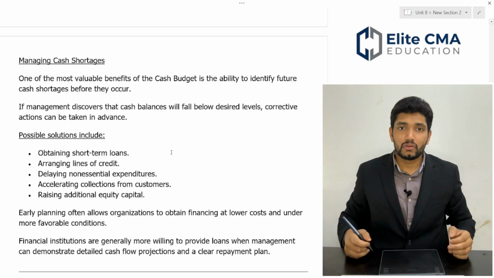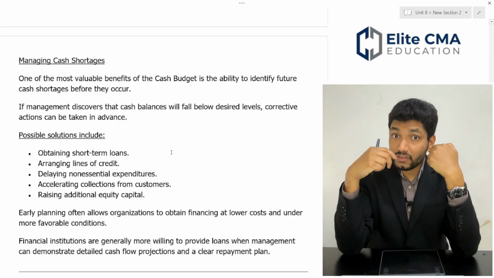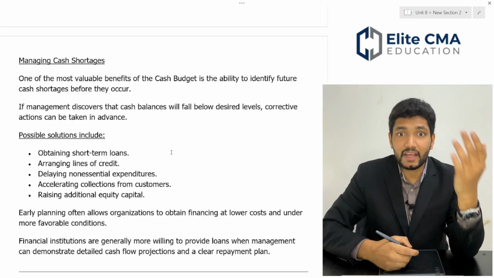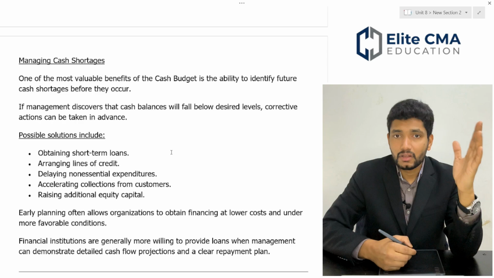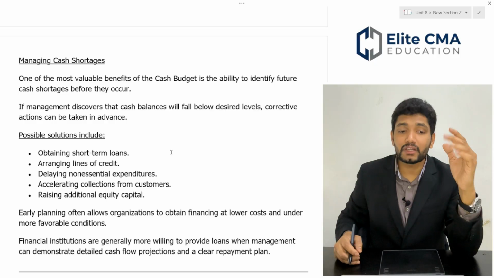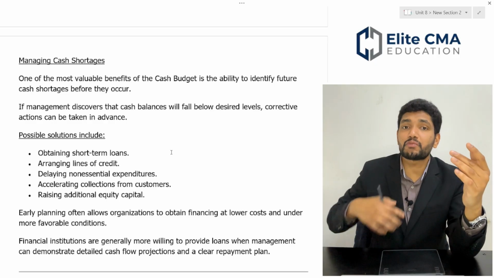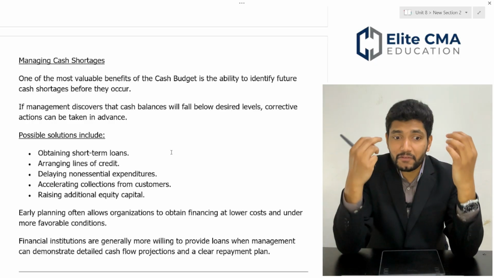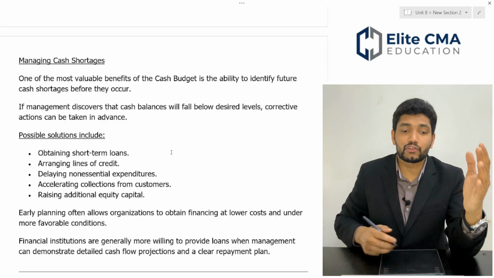Now, if we are expecting some cash shortage in the future, how will we manage that cash shortage? One of the purposes of a cash budget is to identify the expected future shortage before it occurs. Once you identify a shortage, you have to find a way to manage it.